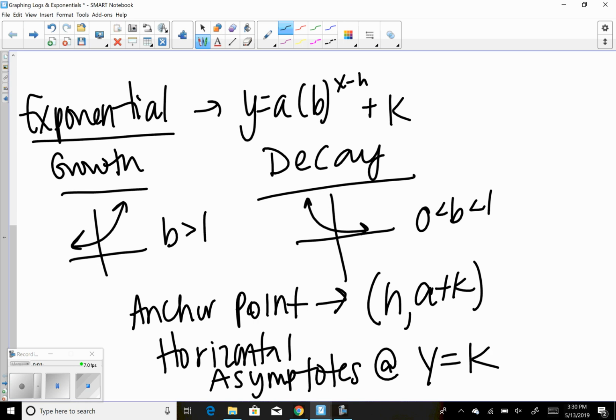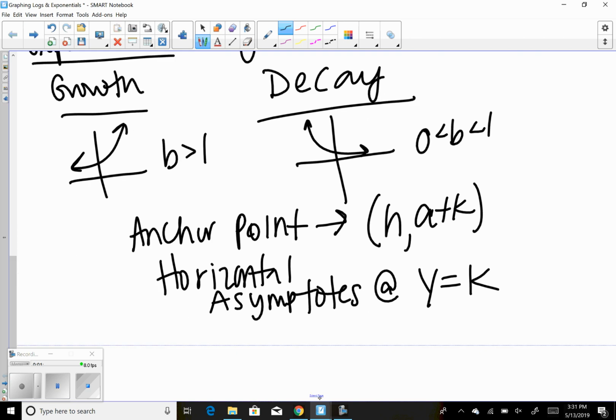All right, so that is just a general reminder about exponentials. You received a half sheet when we did these back in March, and your teacher may or may not give you another one to have as you study.